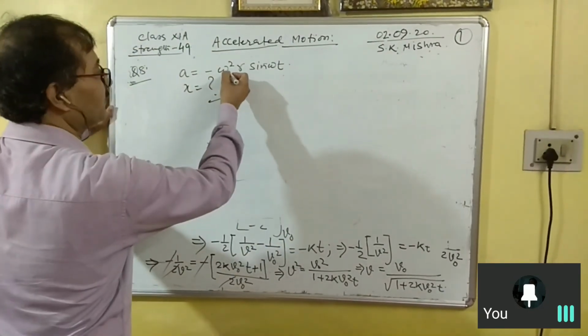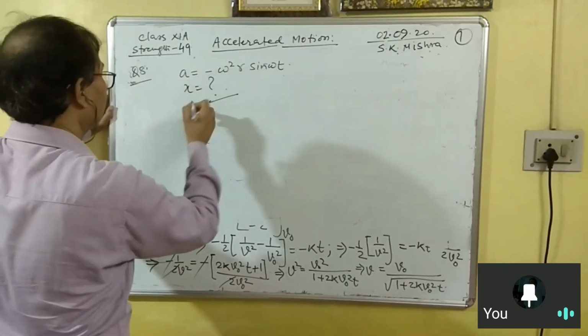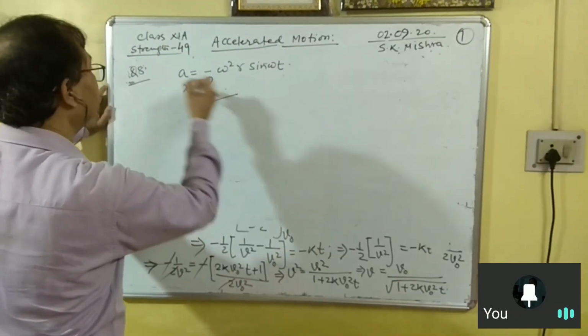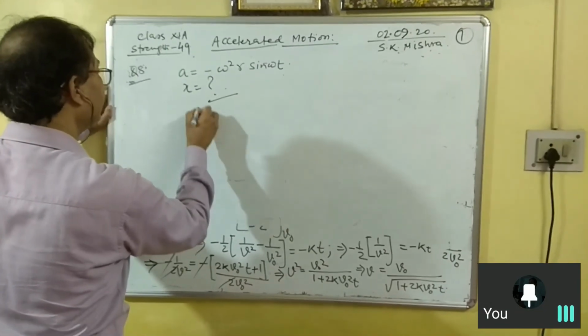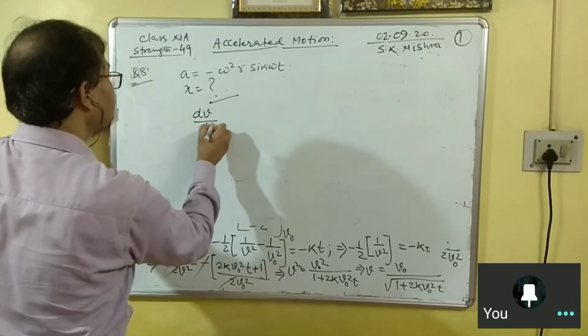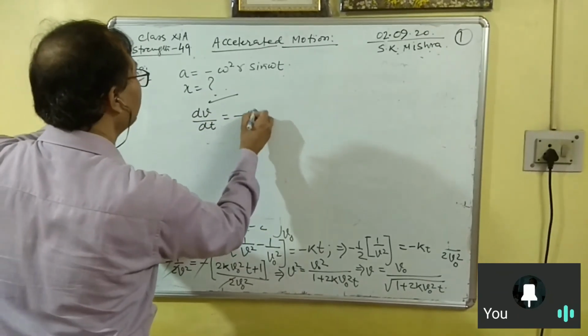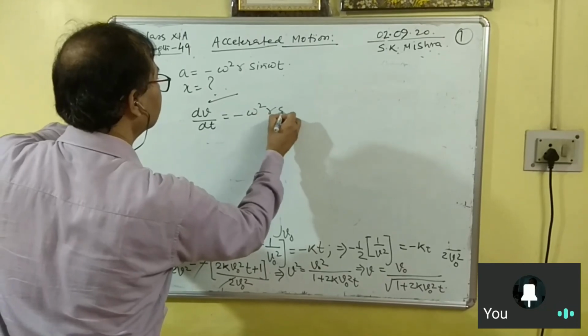Omega is angular velocity, you know, d theta by dt. Okay. So this acceleration is dv by dt. So dv by dt is minus omega square r sine omega t.